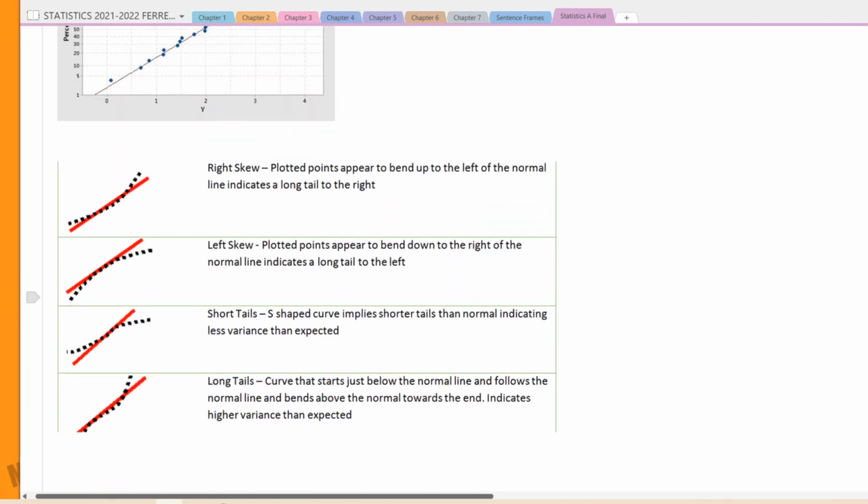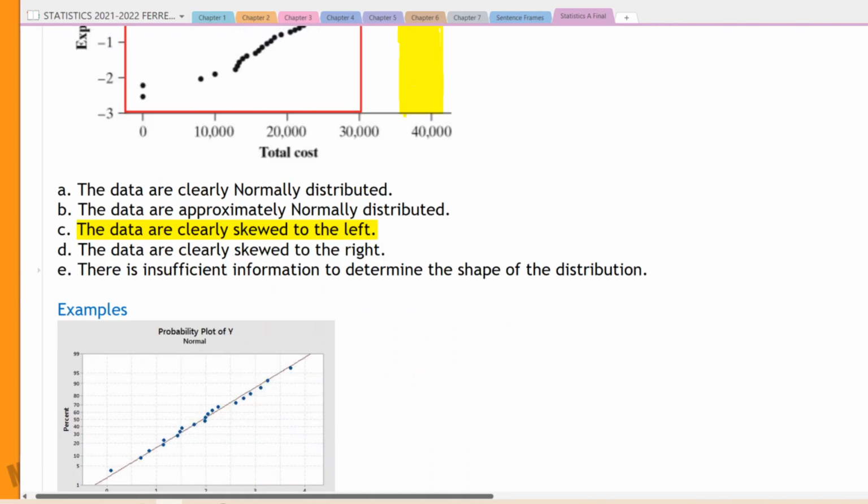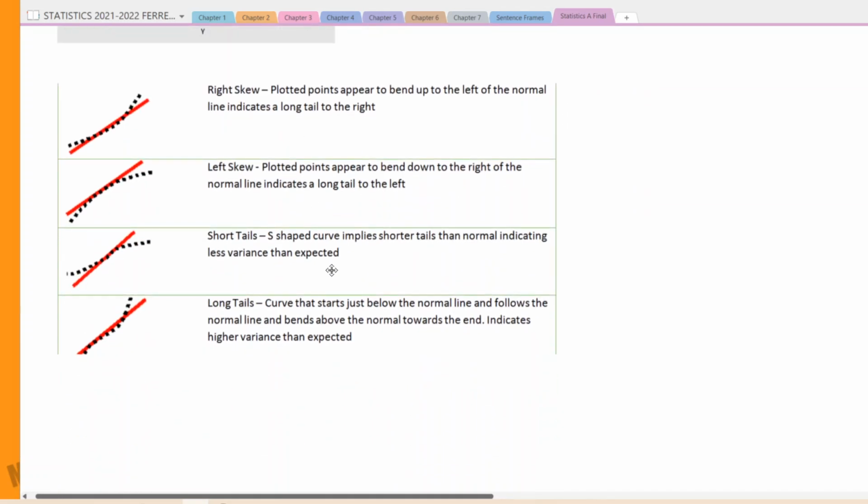The plotted points appear to bend down on the right side of a normal line, which indicates a long tail to the left. And what I'm looking at here, and I should have really checked this before we got to the video, is that these over here have the z-score on the horizontal axis instead of the vertical axis.